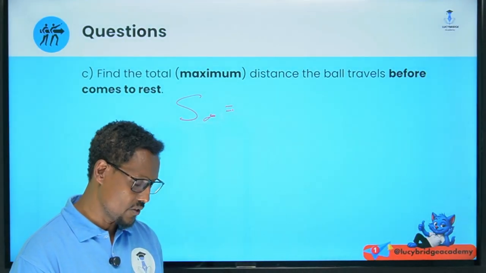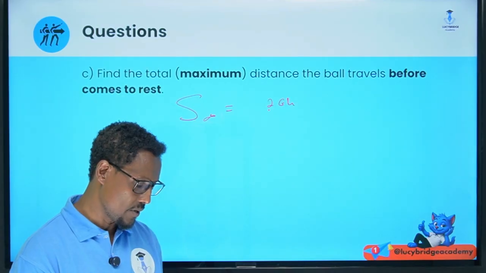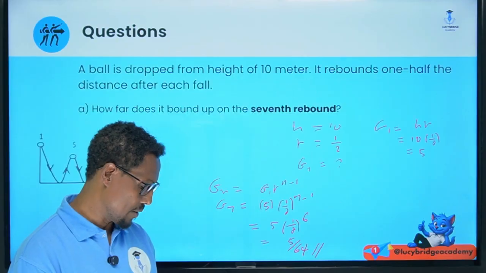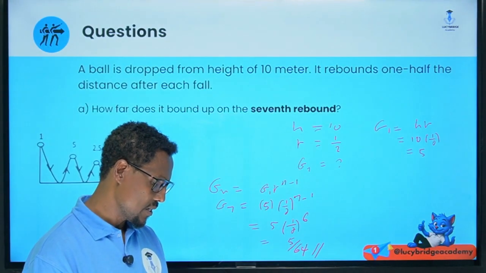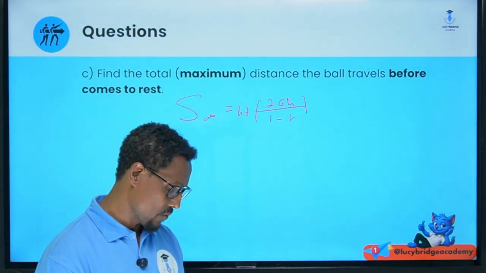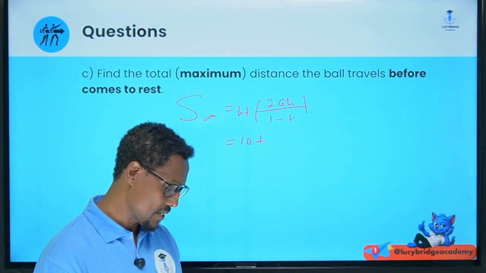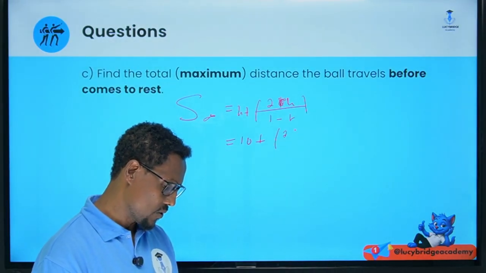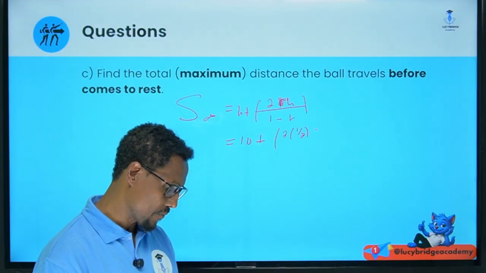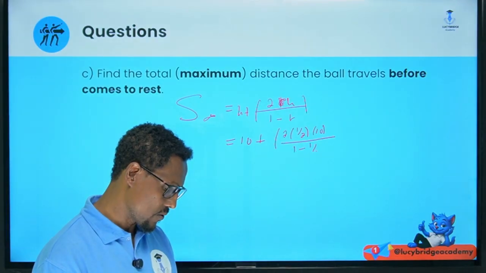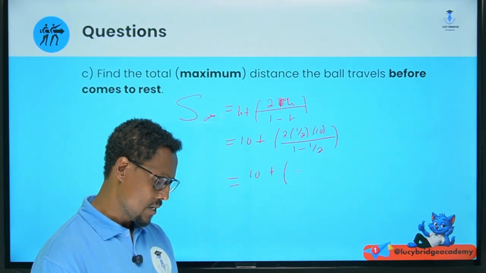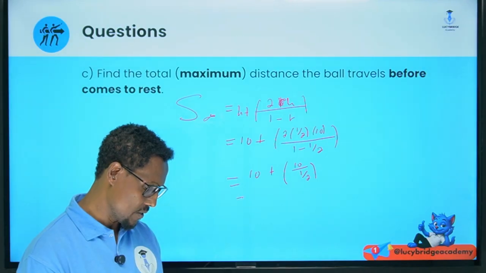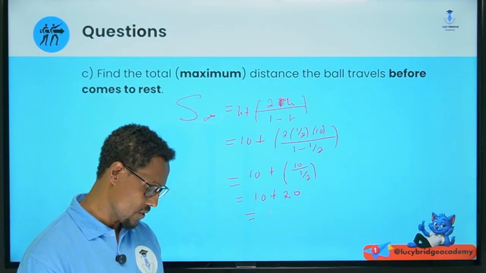We are asked to find S infinity, which, using the previous formula, is H plus 2HR over 1 minus R. H is 10 meters, so 10 plus 2 times 1 over 2 times 10, over 1 minus 1 over 2, which means 10 plus 20, which is equal to 30 meters.